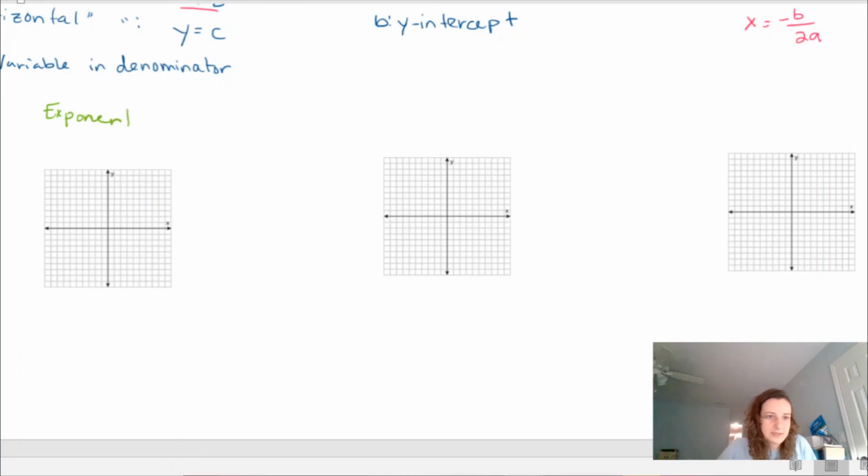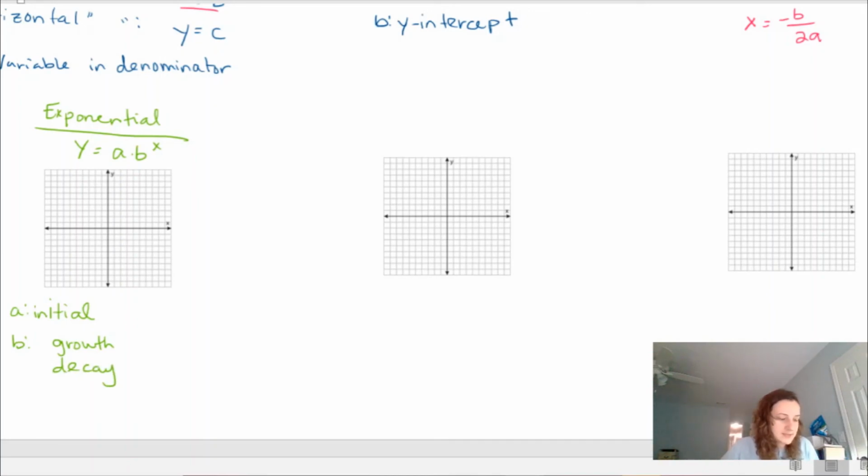An exponential function looks like this. y is equal to a times b to the x power, where a is the initial or starting value, and b is either your growth or decay factor. Growth means that you're going to be increasing, and that means that b is greater than 1.